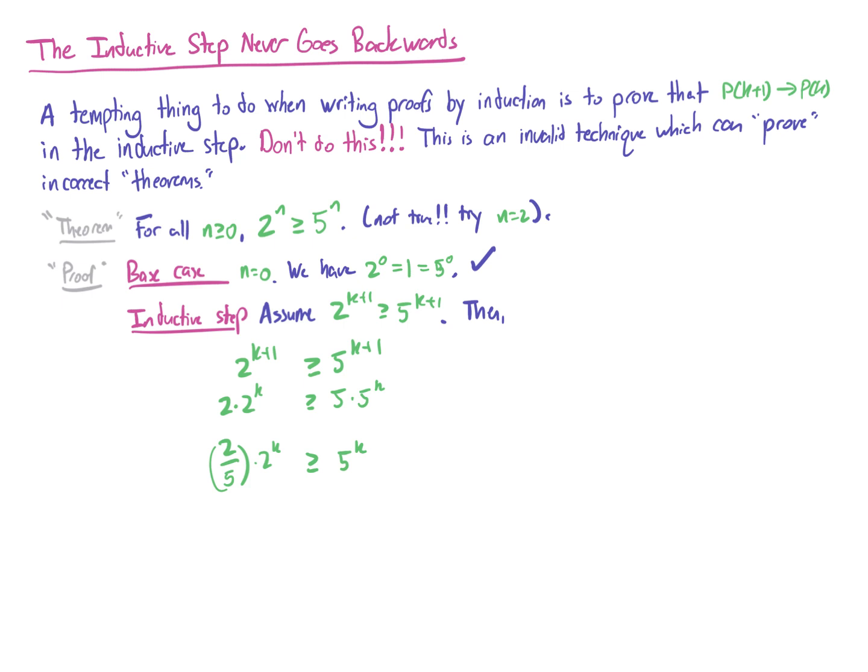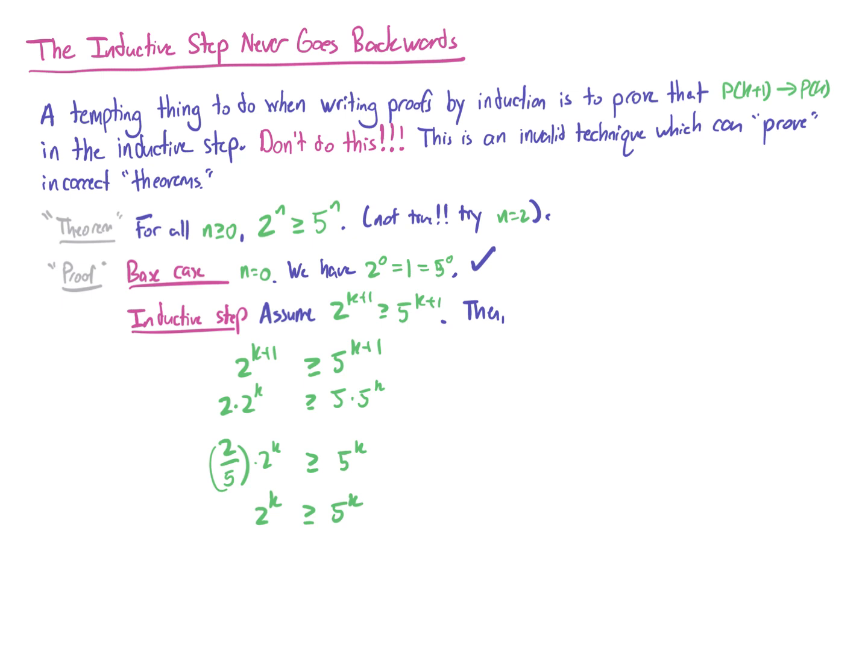If I just forget the 2/5 existed, I would make this side of my inequality larger. And that's okay because my inequality points this way. So if 5 to the power k is less than this whole thing, it's definitely also less than whatever I would get if I dropped the 2/5. So that means that 2 to the power k is greater than or equal to 5 to the power k.